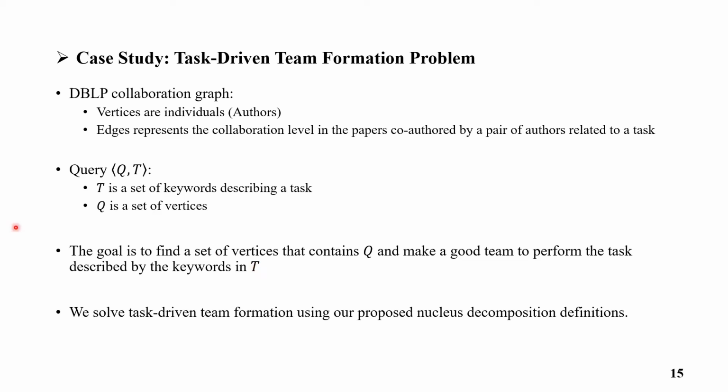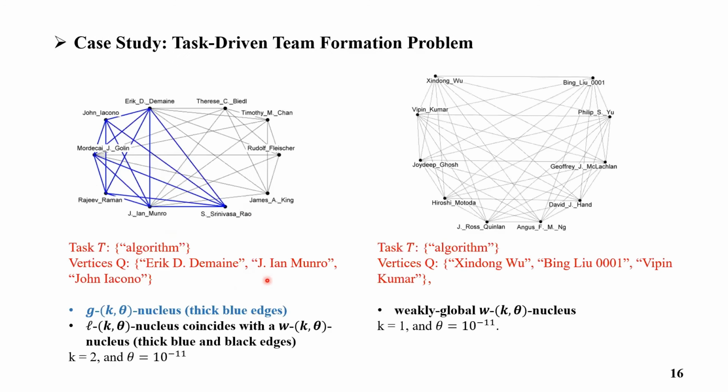We have query Q and T, where T is a set of keywords describing a task and Q is a set of vertices. The goal of this problem is to find a set of vertices that contains Q and makes a good team to perform the task described by the set of keywords in T. So we solve this problem using our proposed nucleus decomposition definitions.